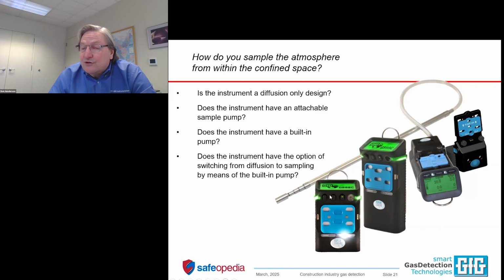But the peak read function is there to do exactly what I'm talking about, to help you with being able to lower it on a lanyard and pull it back out. But you're a lot better off with a pump equipped instrument.